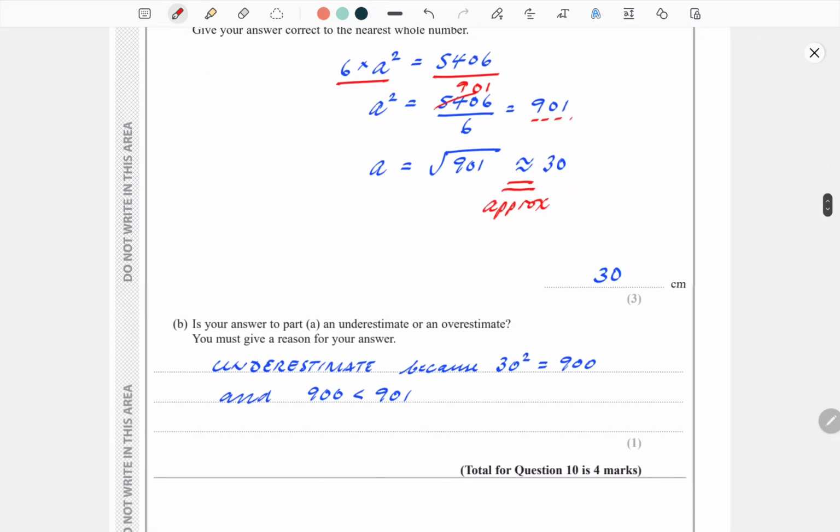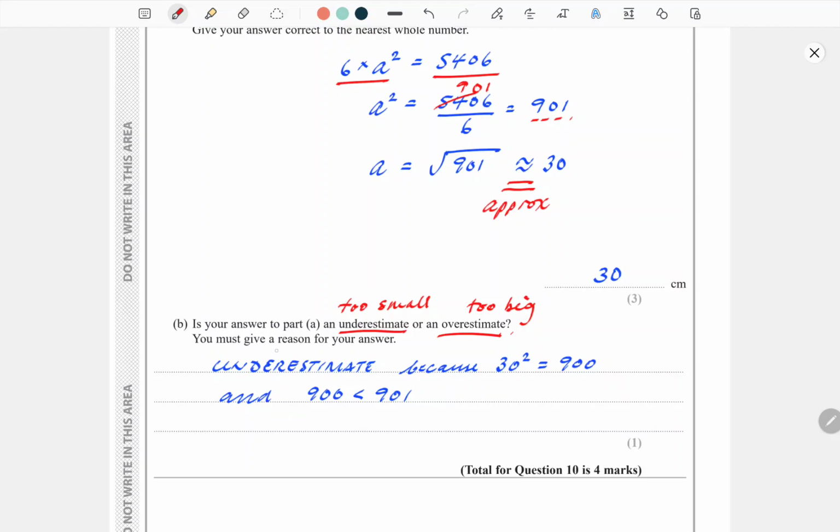Okay. Next part of the question says, is your answer to part A an underestimate or overestimate? In other words, is it too small or too big in value?